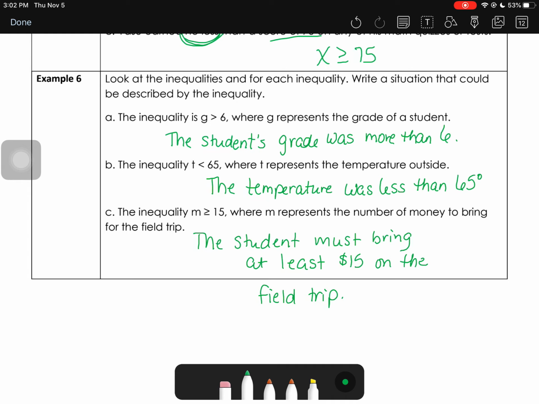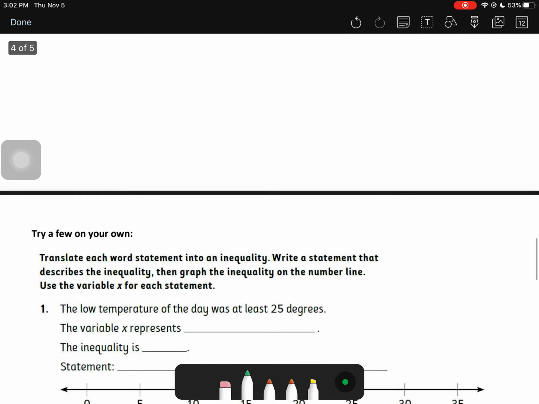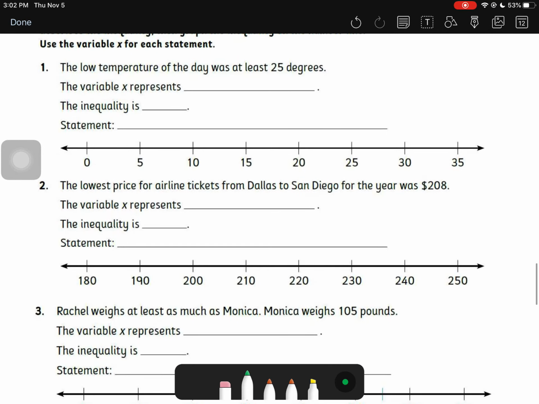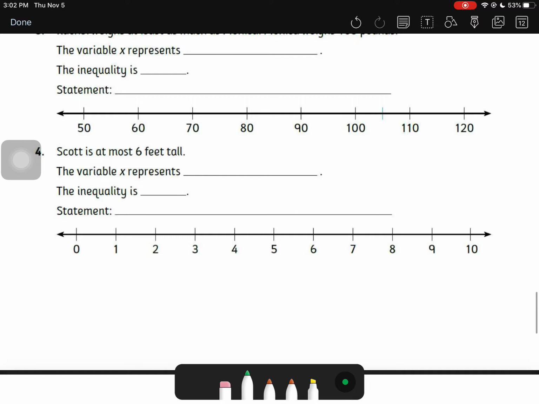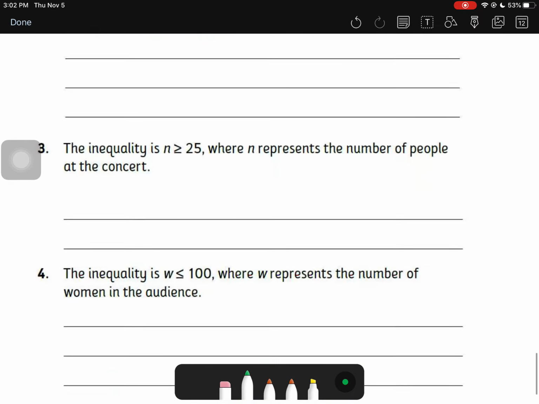These are samples of changing inequality statements into word statements. These are for you to try on your own, where we are writing inequalities, graphing them, and writing statements.